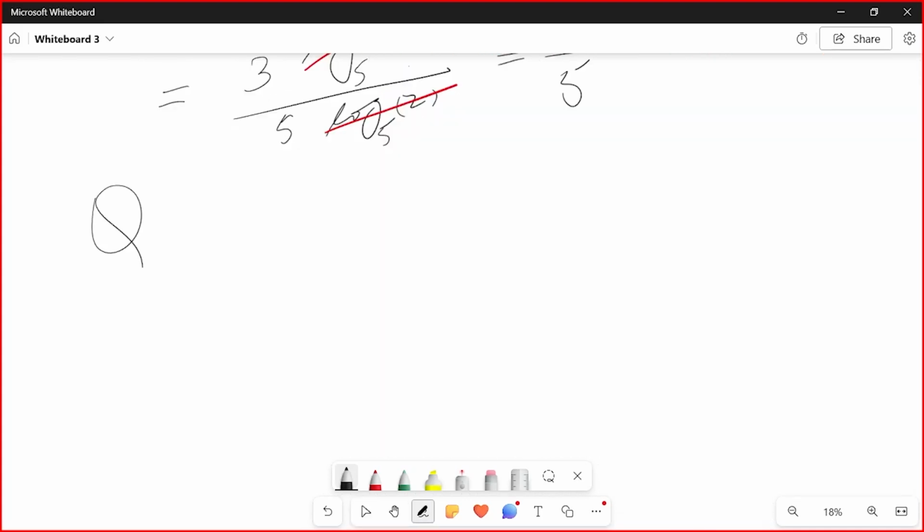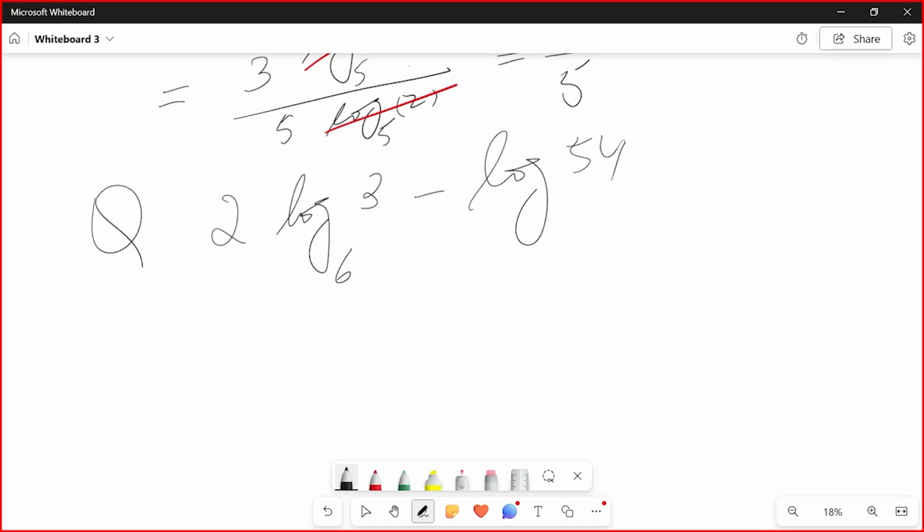Another question which we want to do is 2 log of 3 to the base 6 minus log of 54 to the base 6 plus 2. We want to solve this, right?